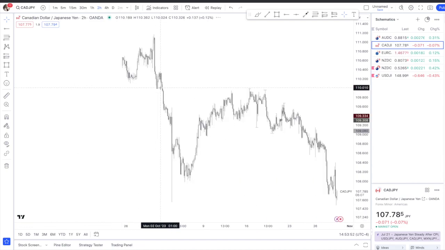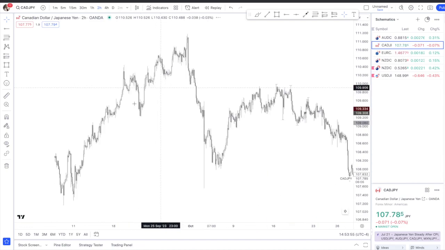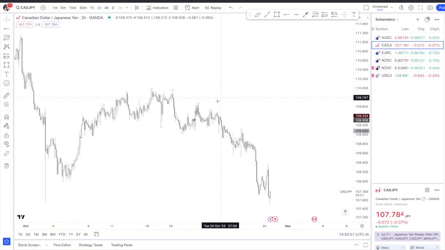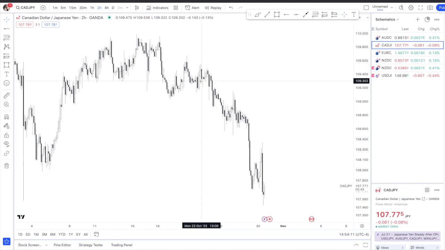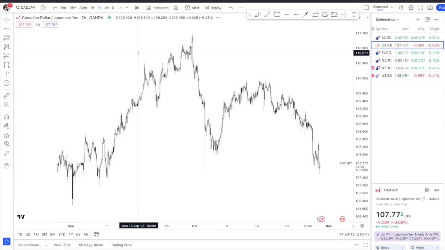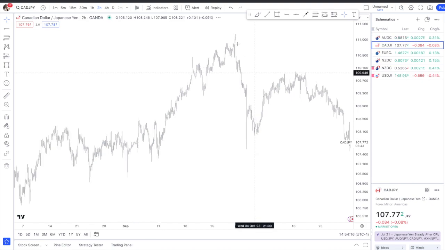Okay, what's this, CAD-J? I think CAD-J has some TPs to the left, so I'll just delete these. CAD-J has been a minute as well, as you see. CAD-J is in up structure here, up structure here.